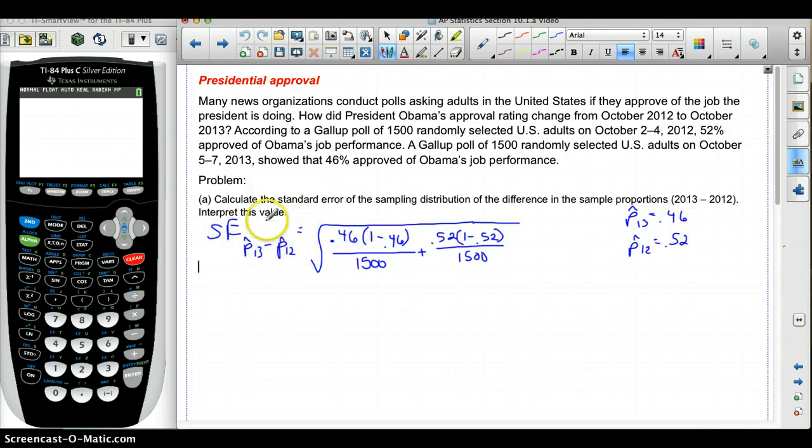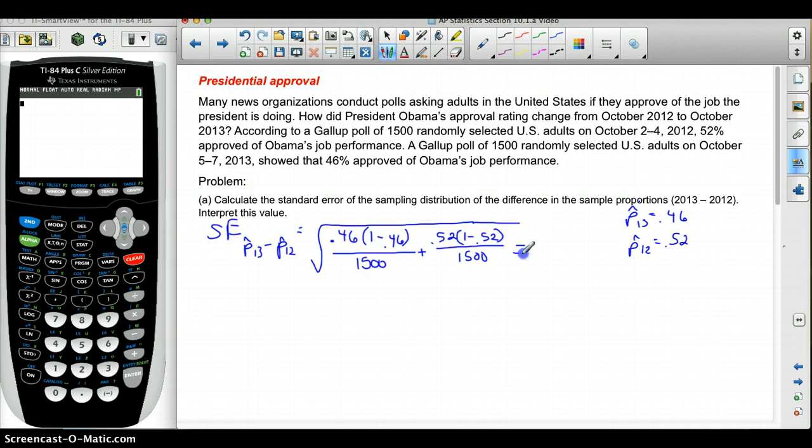So we put it into our standard error formula, where we have 0.46 times 1 minus 0.46 over 1500, plus its equivalent for 2012. We go through and solve, and you should get 0.0182. That's your standard error that you were asked to calculate.